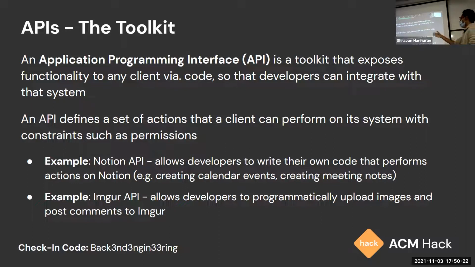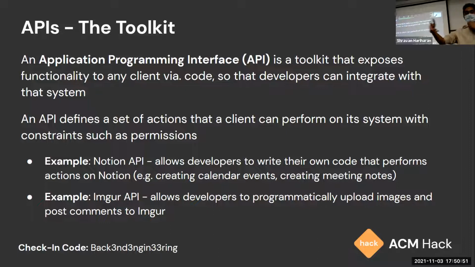So a couple example APIs. Let's talk about Notion's API. For those of you who don't know Notion, Notion is a productivity kind of app where people can have calendars, add events to calendars, take notes, stuff like that. With Notion's API, you can write your own code. Let's say you're a developer and you have your own application and you want your application to do something on Notion.